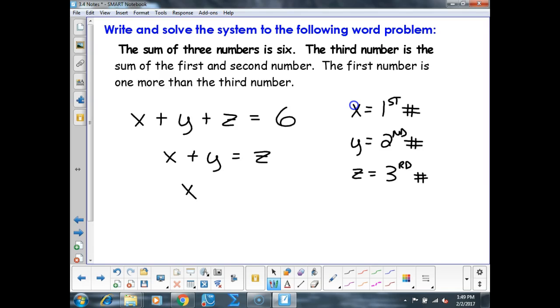So X equals Z plus 1. Okay. How do you want to solve it? What you got? Plug X into equations 1 and 2.